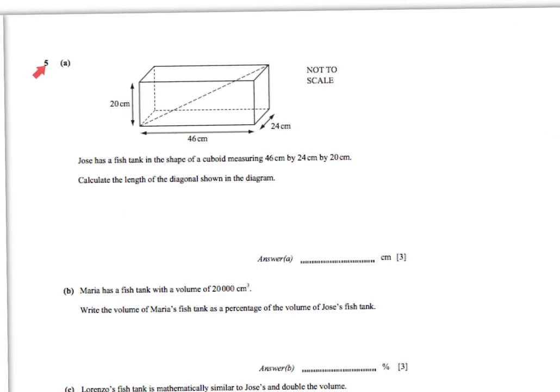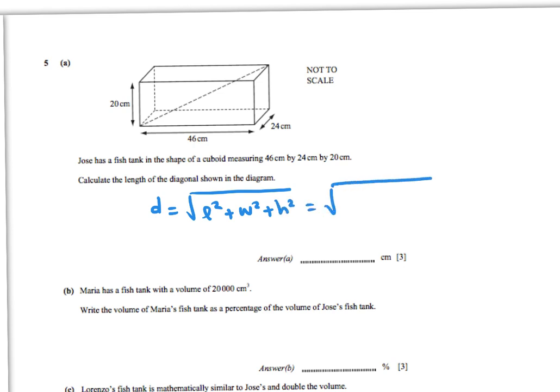Next question, question number 5. We have a cuboid, we have length, width, height. We need to find the length of the diagonal. We have the rule to find the length of the diagonal, which is square root of length squared plus width squared plus height squared.